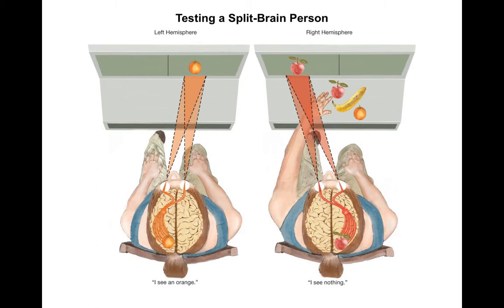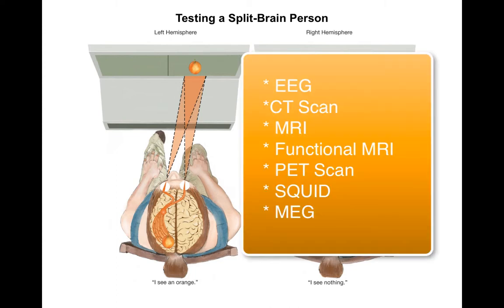Now, I'm just going to list off some of the ways in which we've been able to watch what the brain does. The EEG, the electroencephalogram. This is where it records brain activity through wave activity. CT scan, computerized axial tomography. MRI, magnetic resonance imagery. It takes high resolution images without x-rays.